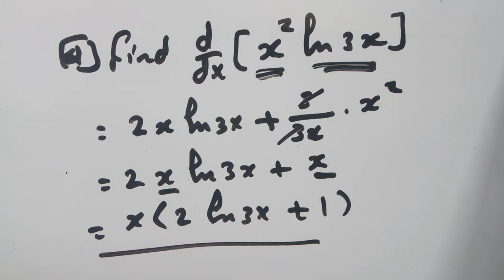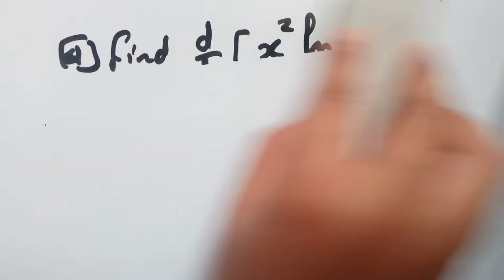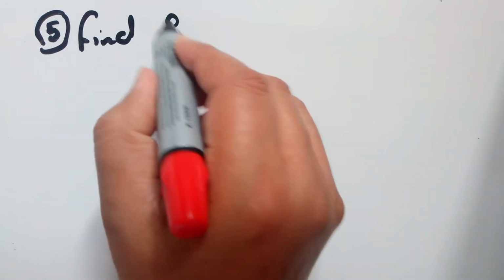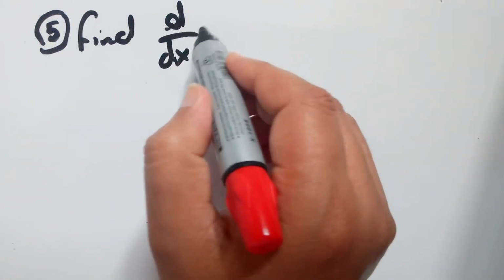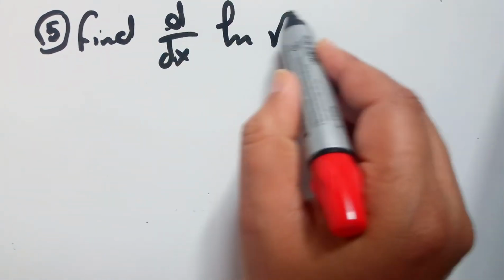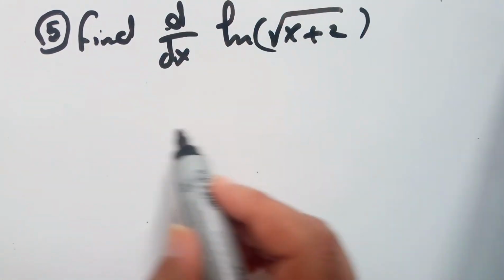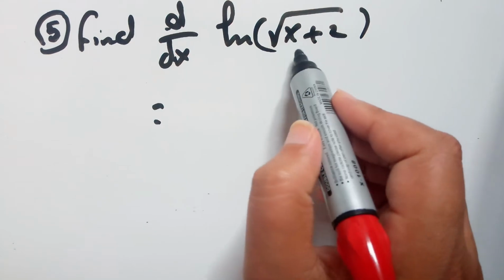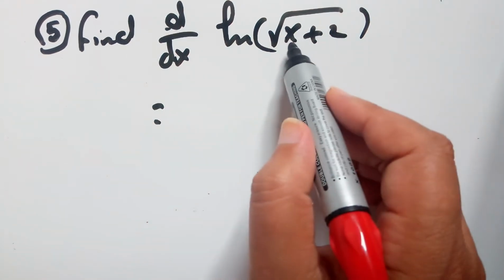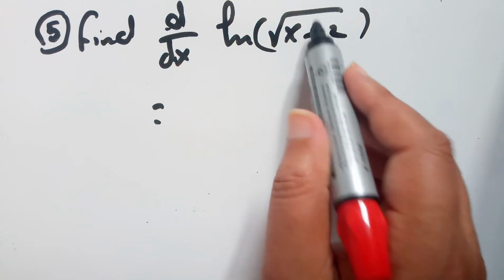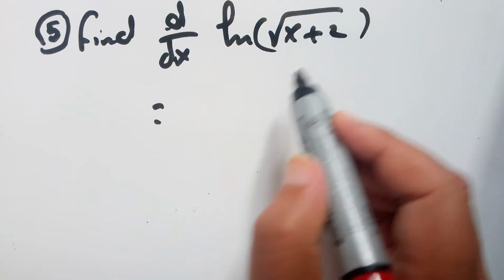How to solve number 5? Find d/dx for ln radical x plus 2. Here, what is the denominator here? It is radical x plus 2. You will change it to x plus 2 all to the power half.